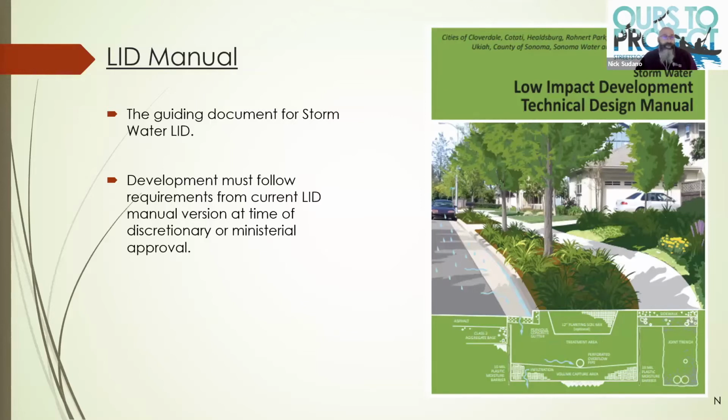It's important to know that because, like you're going to see in the presentation here and like we've talked about, we've learned a lot from the earlier versions of the manual. And we've tried to improve these features over time, and to also improve on how they filter and treat stormwater as well. The LID manuals can be found in a variety of places.